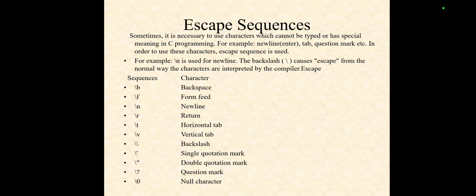Every time we cannot mention the specific format, but there are escape sequences. For example, backslash n is used for a new line. That means if we use backslash n in the program, that statement will appear on a new line. The backslash causes an escape from the normal way the characters are interpreted by the compiler.